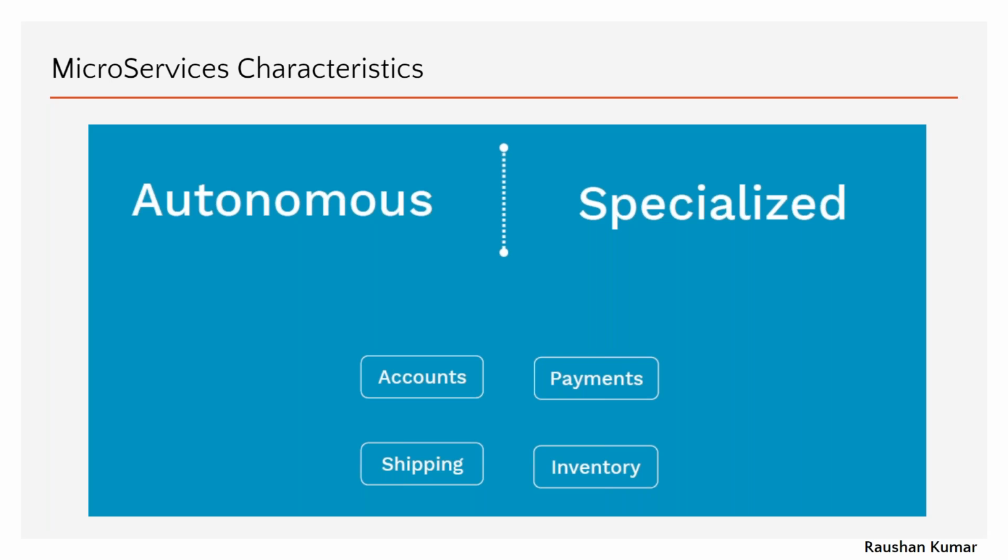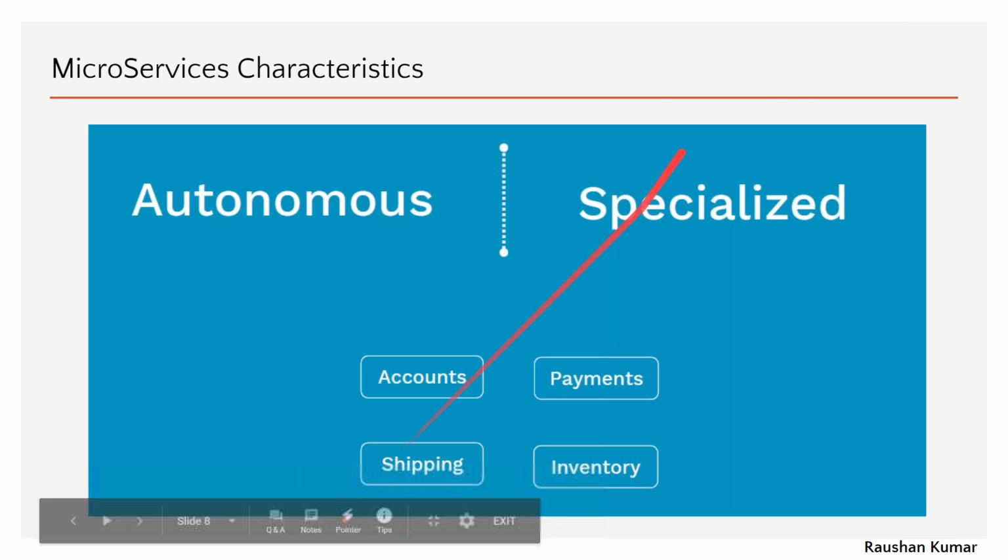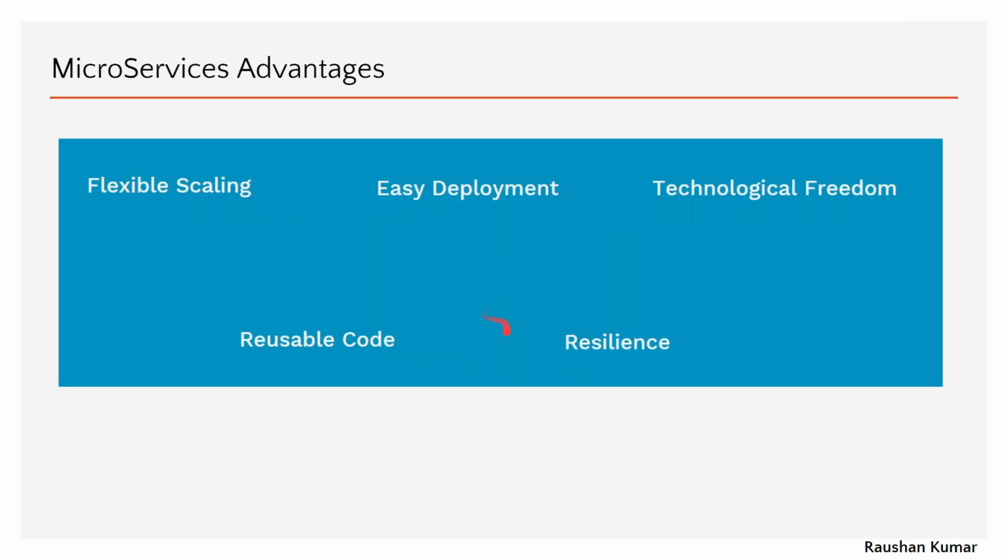You would have seen in your application that because of one bug, your entire application goes down, right? But not in the case of microservices. It will just impact that particular logic, that particular specialized service. It will not bring the entire application down. So that's the resilience microservices give.